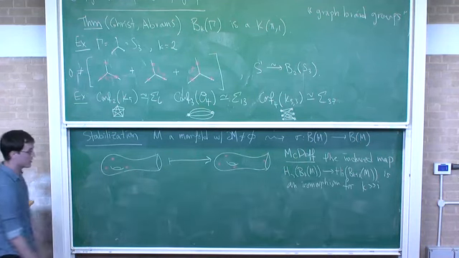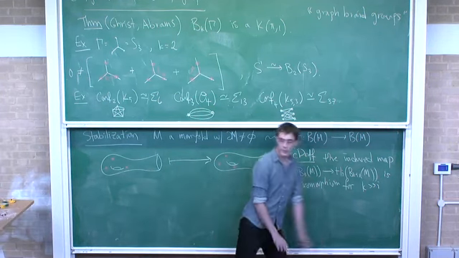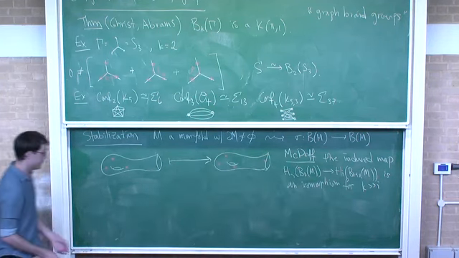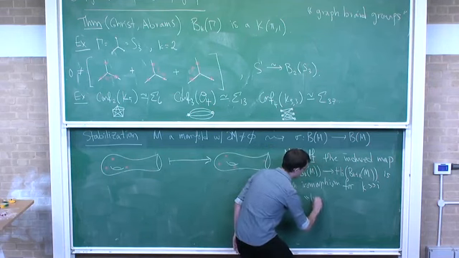And k much bigger than i can be made precise, and there's an entire industry devoted to making k much bigger than i more precise. But let me just say it like this for now. So this is kind of an example of homological stability.